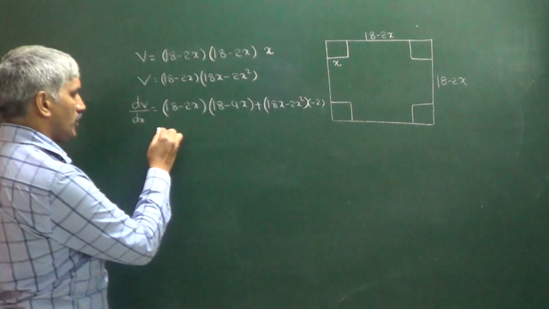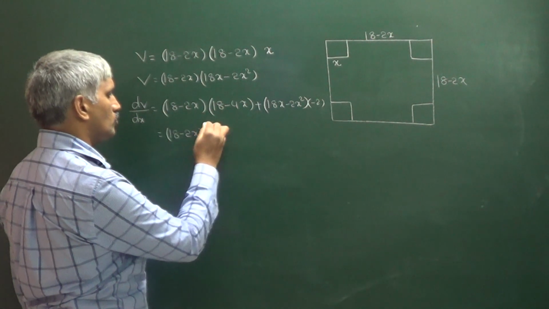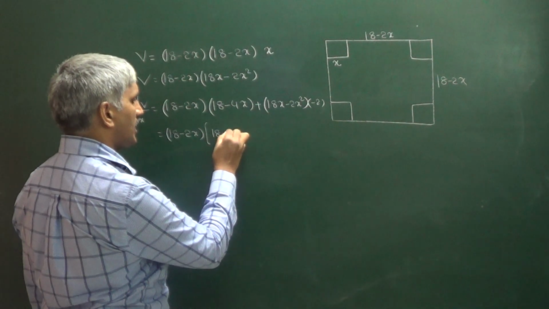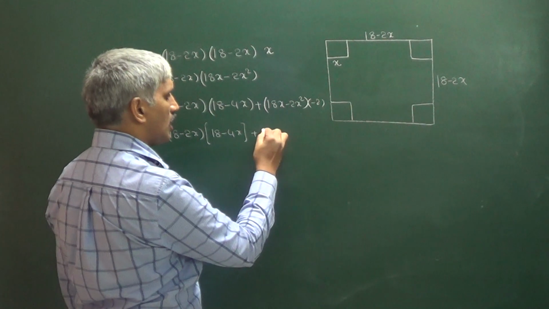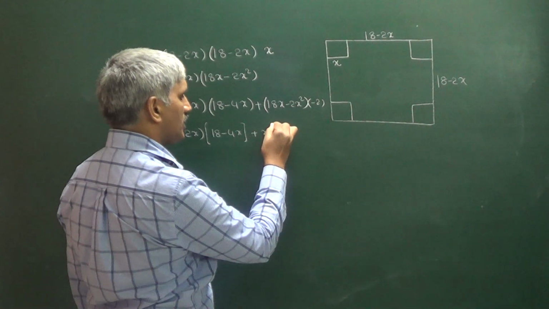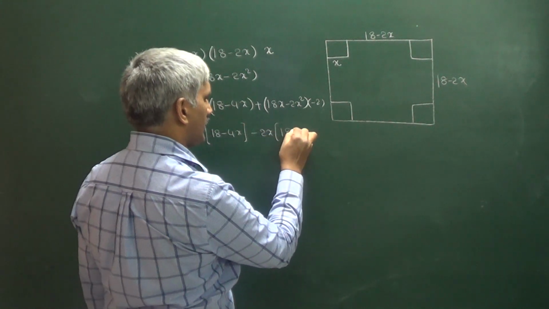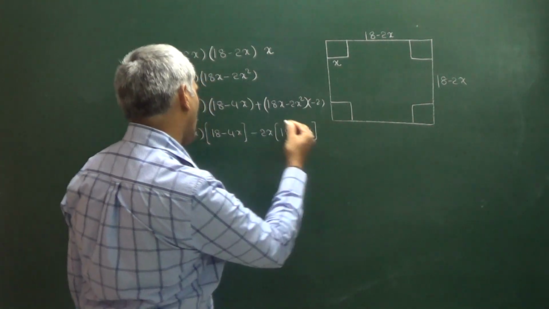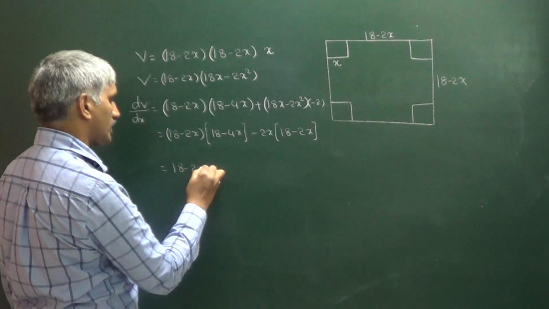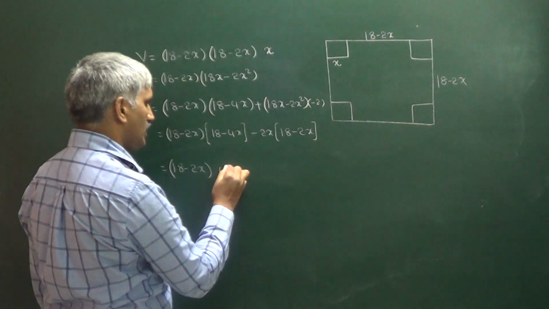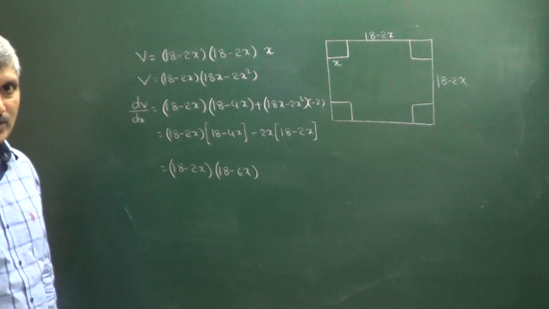Now if we take x common, that is minus 2x into 18 minus 2x. Further simplification, we can do 18 minus 2x common into 18 minus 6x. So that is the differentiation we got.